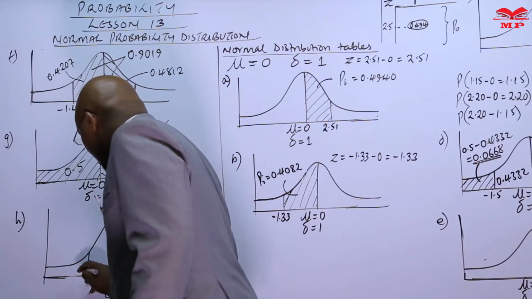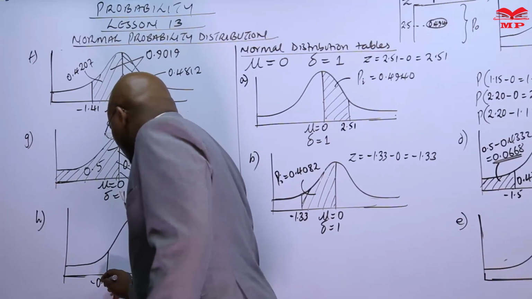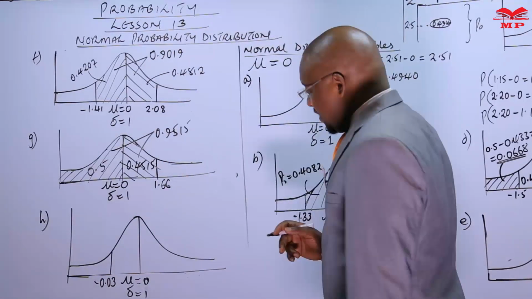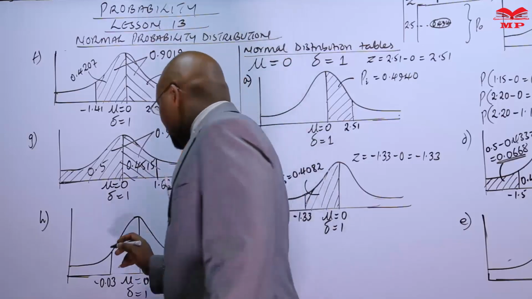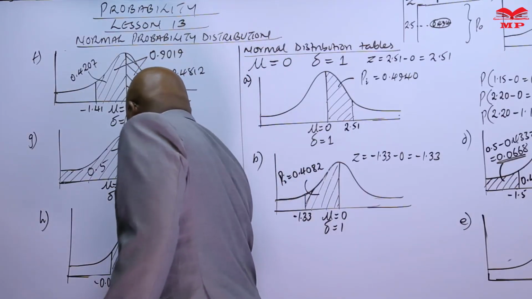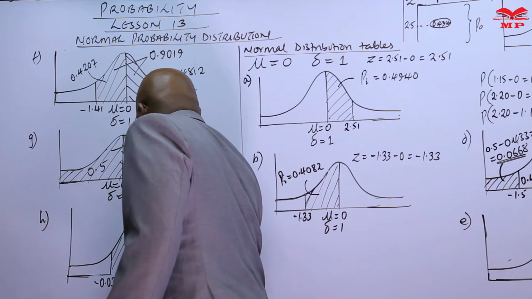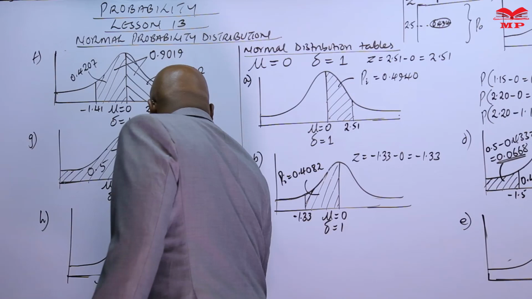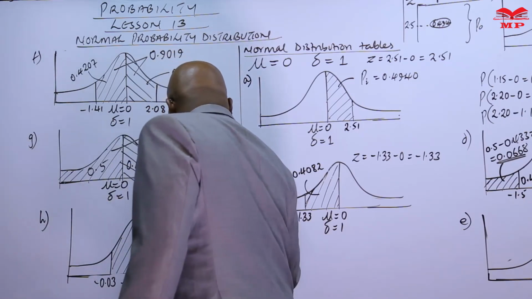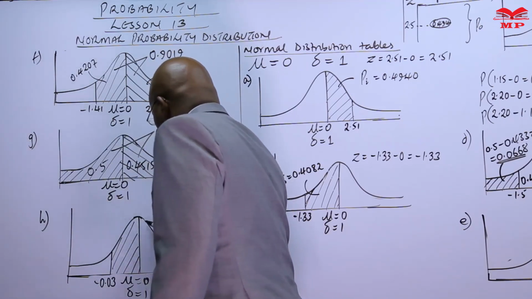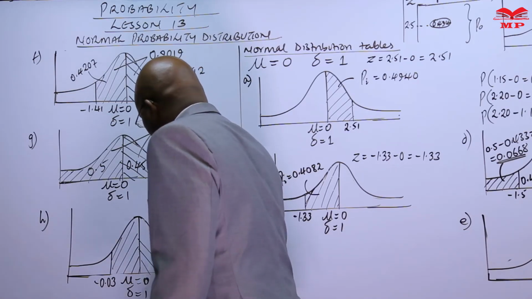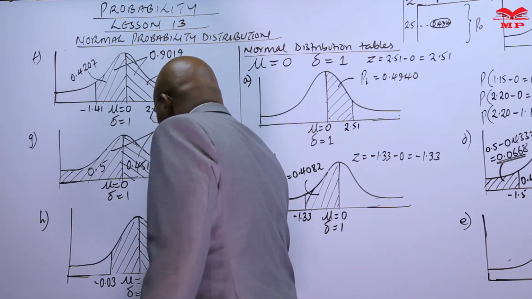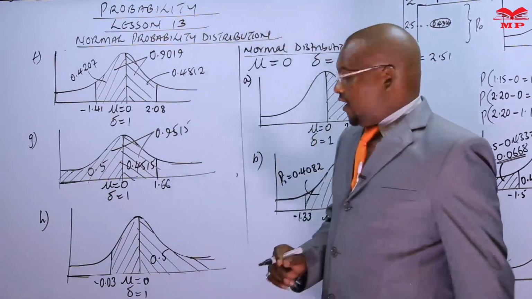So assume this is our negative 0.03, negative meaning on the left side. Greater means this area and this other area, which we know is 0.5. The whole of this half is 0.5.